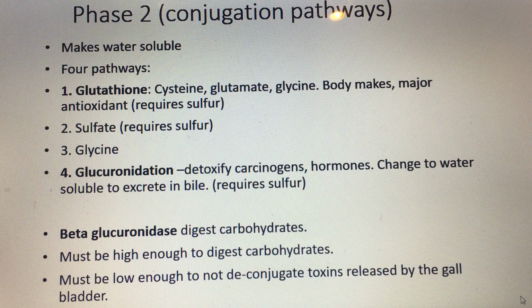And if it gets too high, then it starts to detach those toxin molecules from the glucuronidation process that happened before. For instance, if you're detoxifying your estrogen, your body goes through a glucuronidation process.